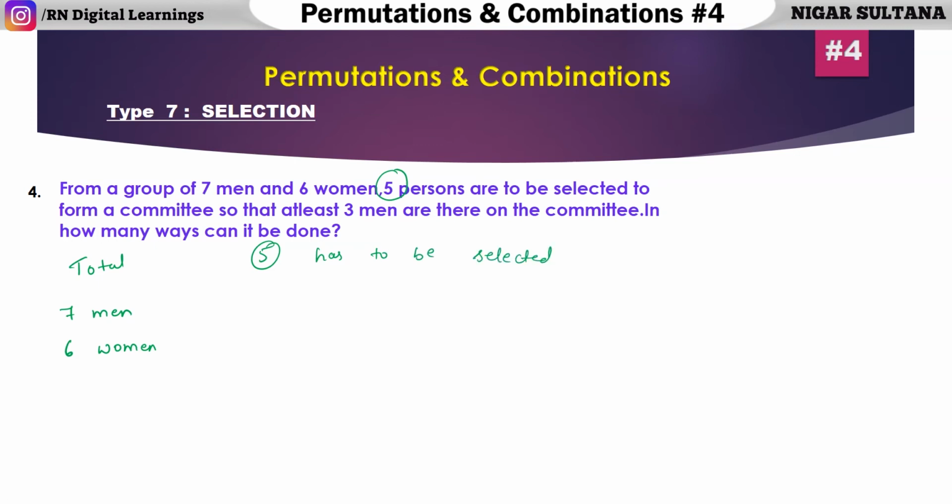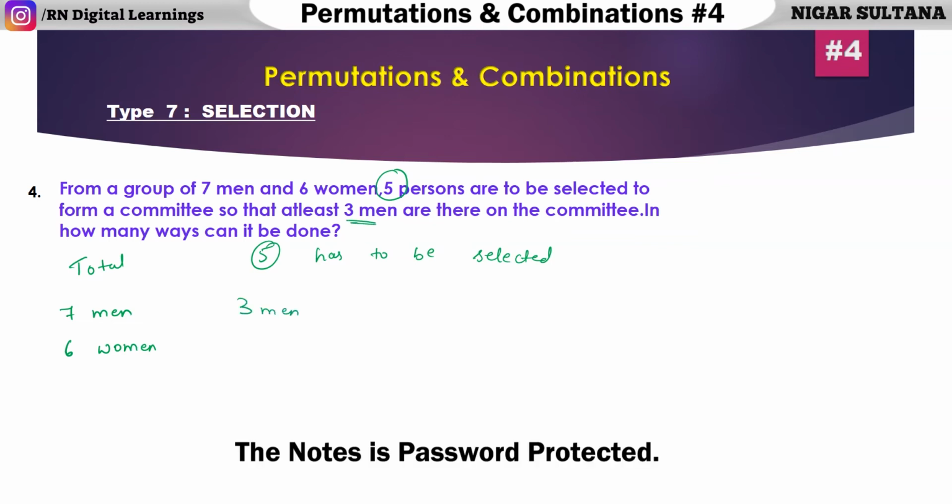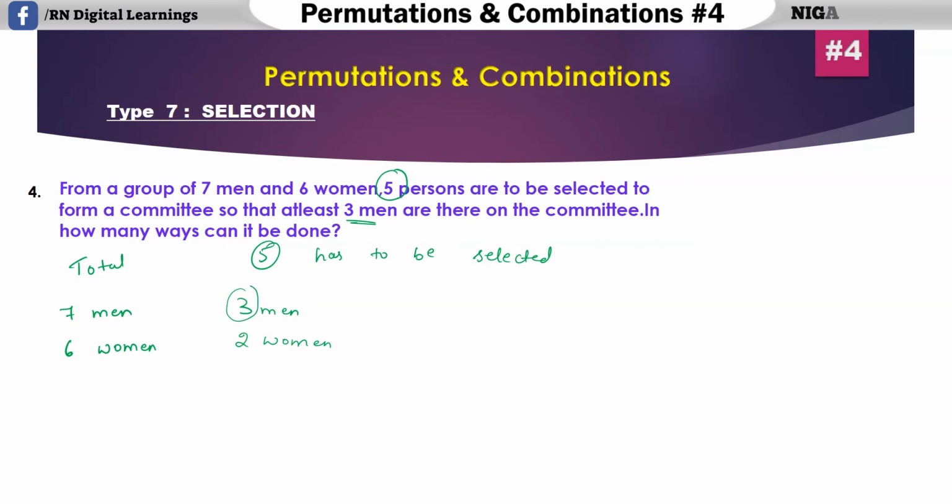Now when I consider these 3 men, to make 5 as my total, if I select 3 men, the women have to be selected 2, right? When I take this minimum 3 men and 2 women, it will make how much? 5, right? Now it is not necessary that it should be 3 itself. The minimum is 3.